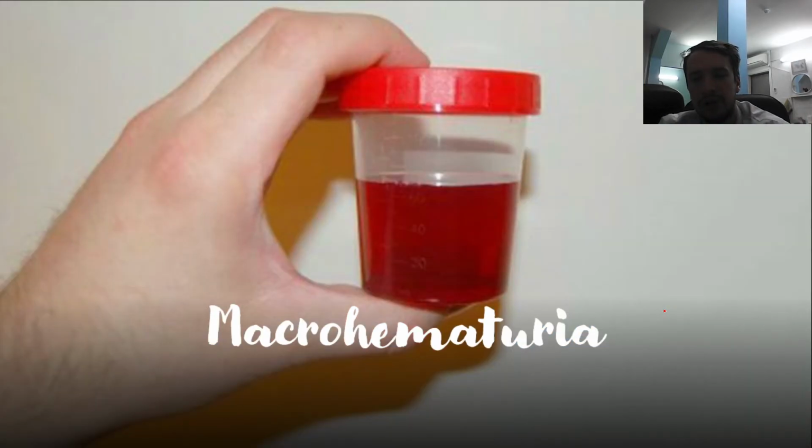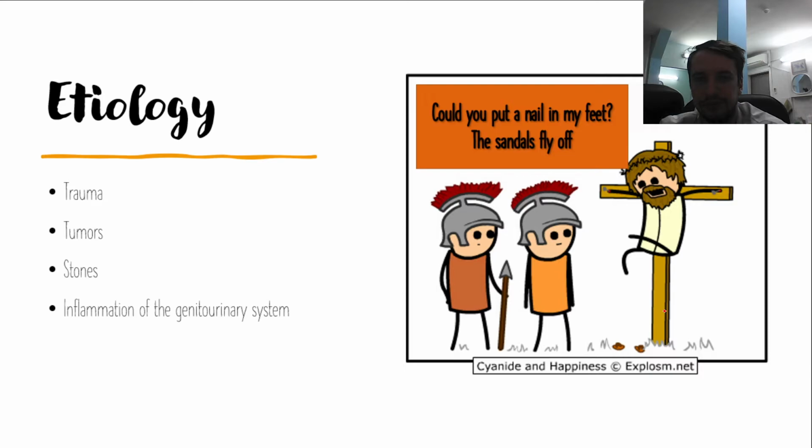Macrohematuria, also called gross hematuria, is determined by a change in the color of the urine. We see it. Etiology: trauma, tumors, stones, inflammation of the genitourinary system.